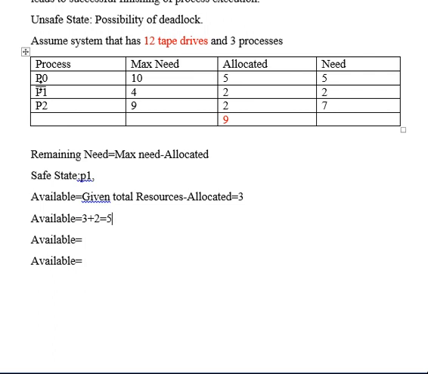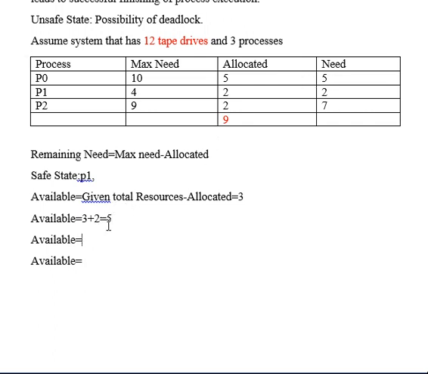Either way, you'll get the safe state if the system is in a safe state. After P1, I will check if I can serve P2. Can I serve P2? No, I cannot. So there is only one way left, that is to go back to P0. P0 needs 5, and yes, we have 5 available.